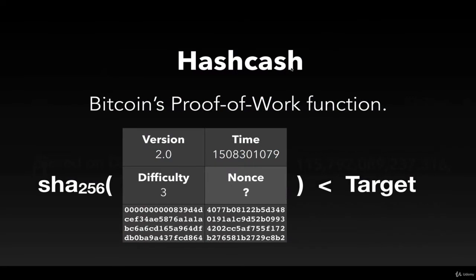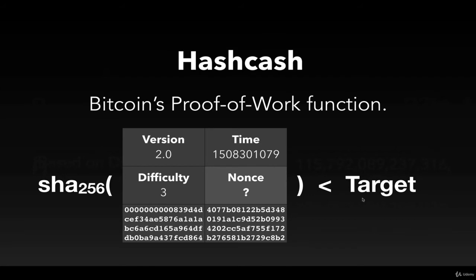So just to reiterate, Hashcash involves using SHA-256 and trying it over and over and over on the block header, which includes things like the version of the Bitcoin protocol, the timestamp, and then also the hash of the previous block, the hash of all the transactions in this current block, and most importantly for now, the nonce, this random number that you attempt to change over and over and over until you find an output that is less than a target.